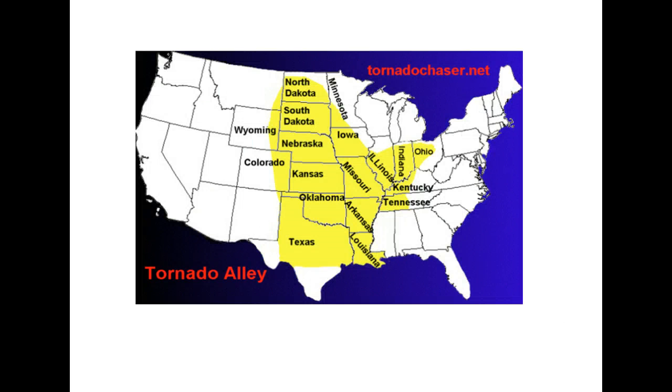Now, here's a really good look at what meteorologists call Tornado Alley. Write in your notes that Tornado Alley is an area of the United States that has a high frequency of tornadoes because cold, dry air moves down from Canada to meet warm, humid air from the Gulf of Mexico.